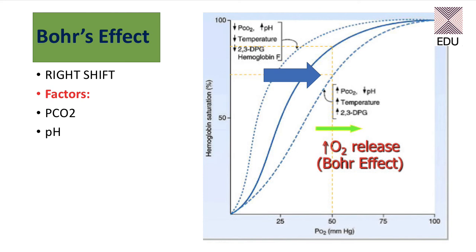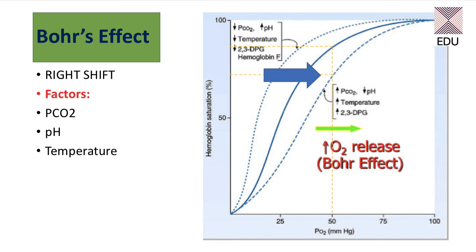The second factor is the pH. You can see in the graph, if pH is low, the line tends to move towards the right. That means if you have low pH, there will be low oxygen saturation. That means the oxyhemoglobin will be broken into hemoglobin and oxygen, and oxygen will be released.